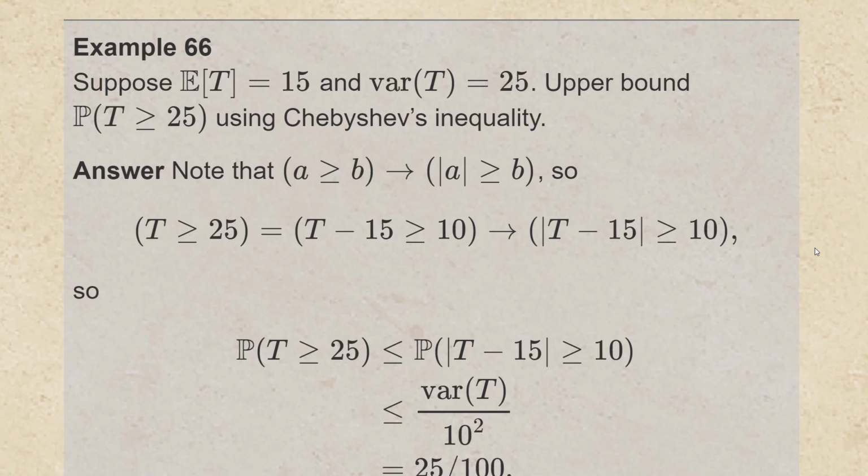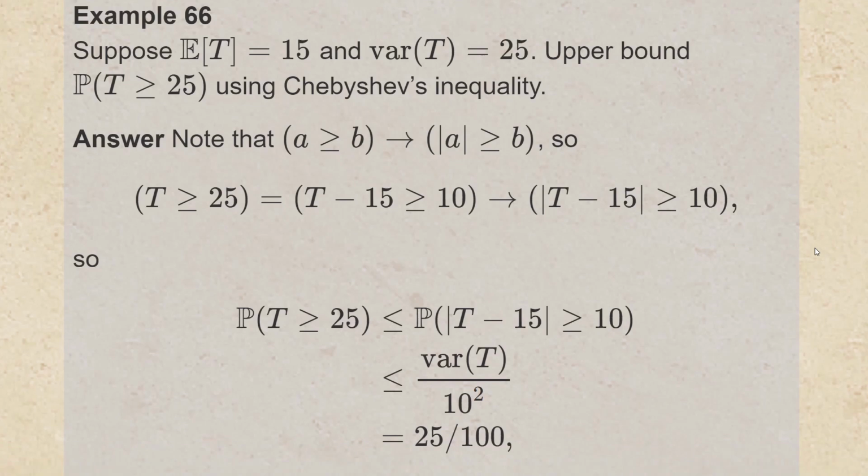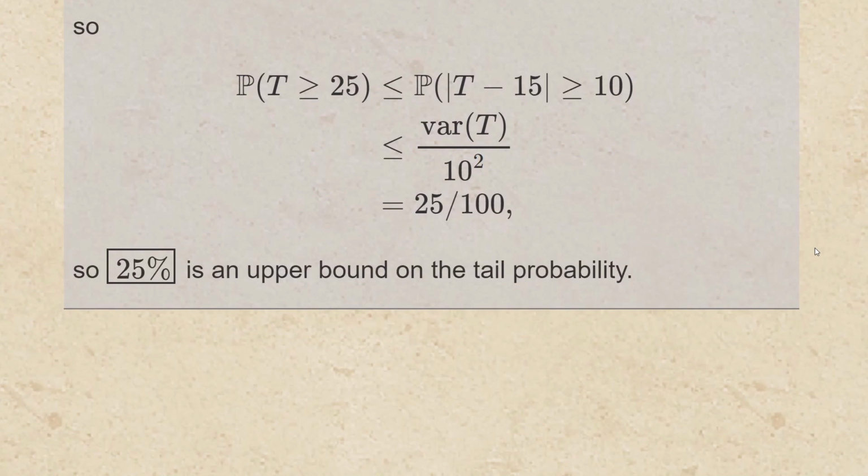So the probability that T is at least 25 is at most the probability that the absolute value of T minus 15 is at least 10, and that's at most the variance of T divided by 10 squared by Chebyshev's inequality, which is 25 over 100, so 25% is an upper bound on the tail probability.